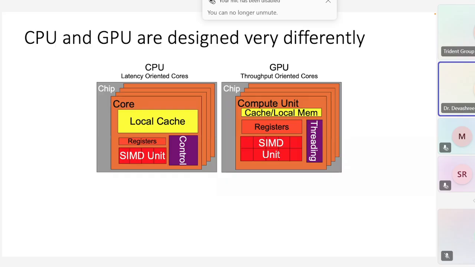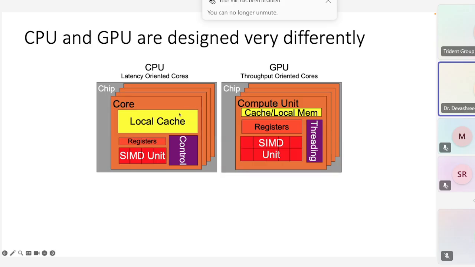I also wanted to give a brief idea about what GPUs are and how they are fundamentally different from CPUs. CPU and GPU are designed very differently, and the purpose of this slide is to show it pictorially so that we can develop a mental model of their differences. The first difference is the cache memory.